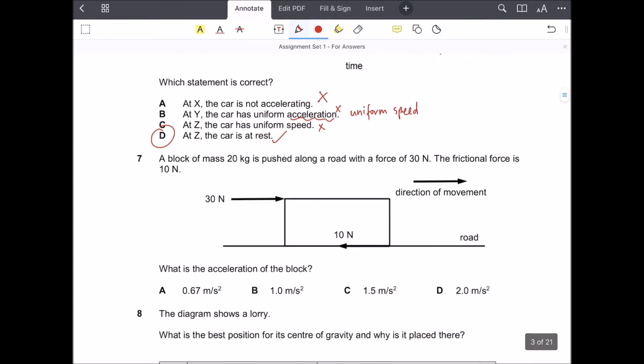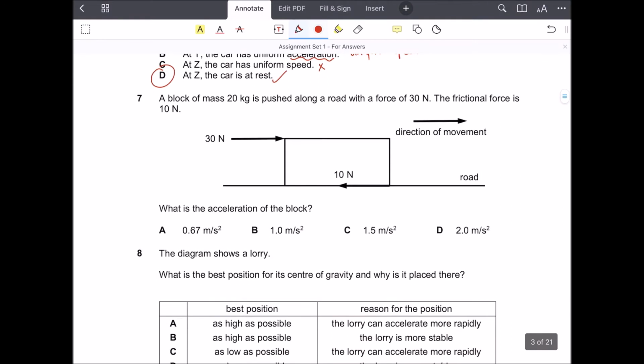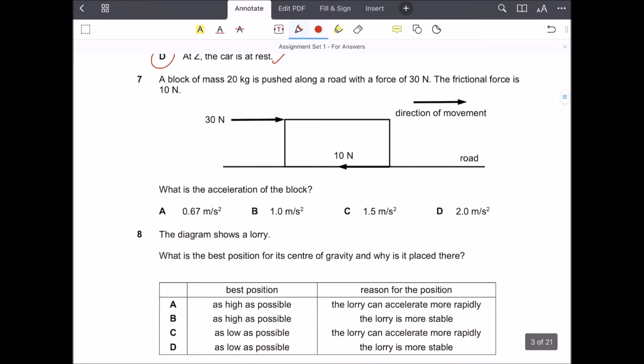Now for question number 7. If you look, there are two forces, and they ask you to calculate the acceleration of the block. So by now, you notice that the moment they give you the mass and the forces, and they ask you for acceleration, you'd know that the formula involved would be F equals ma.